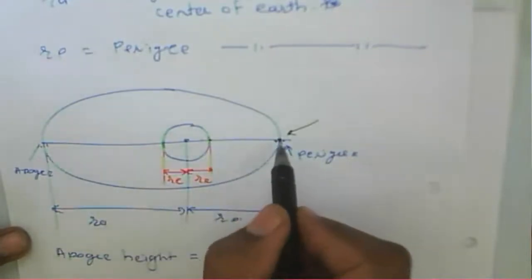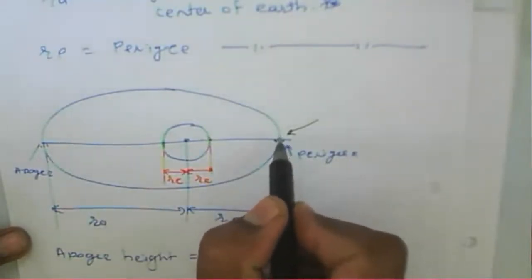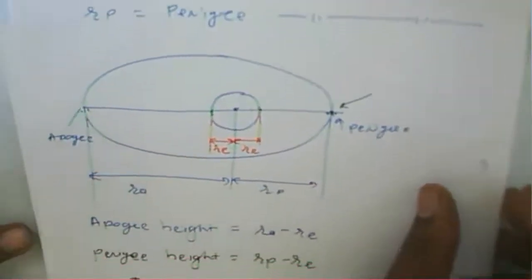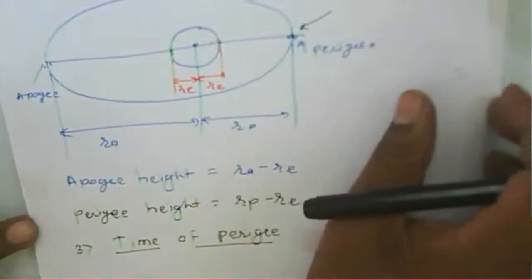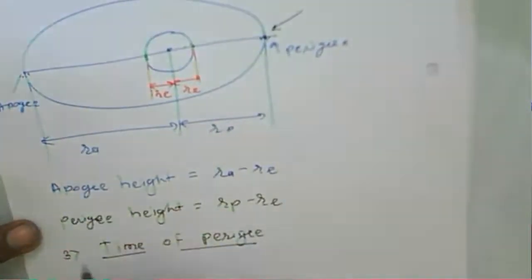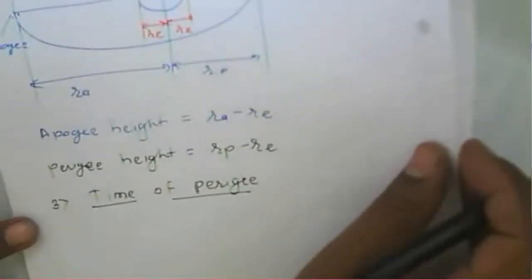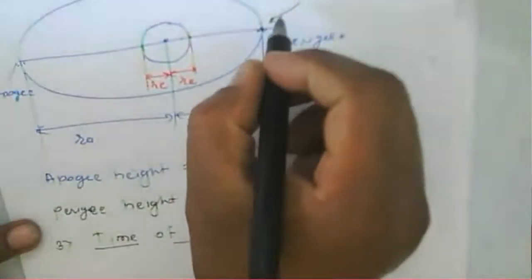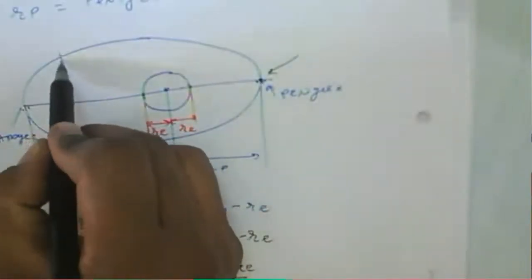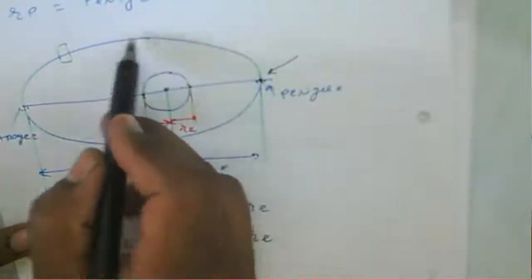Perigee point is nearest from the earth. Or you can say the time a satellite passed from this perigee point, meaning one particular rotation. That parameter defines the position of the satellite in the orbit.